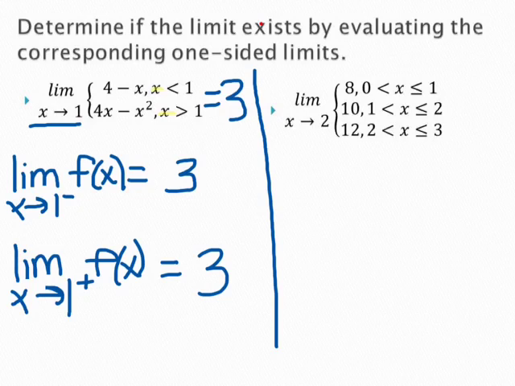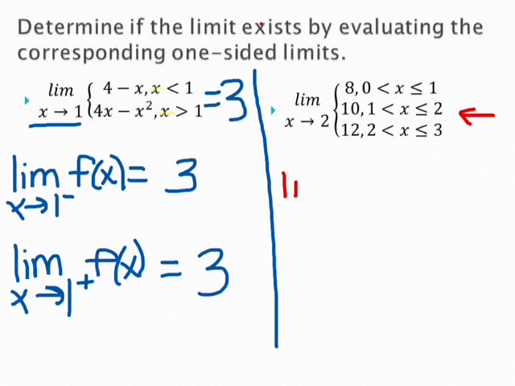I'd like to come back to this second example. You see we have a piecewise function with 3 pieces, and I want to evaluate the limit as x approaches 2. So I see that right here we have a break in the graph at x is 2. So is it a complete break, or are the 2 pieces going to meet up? That's going to determine whether a limit exists or not.